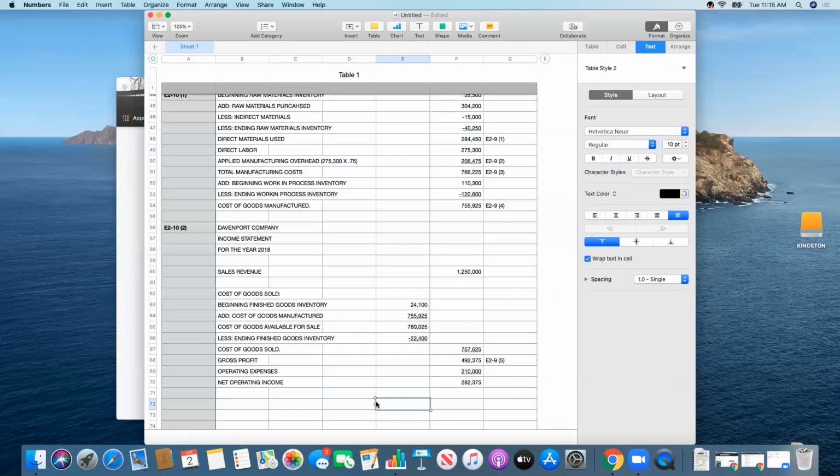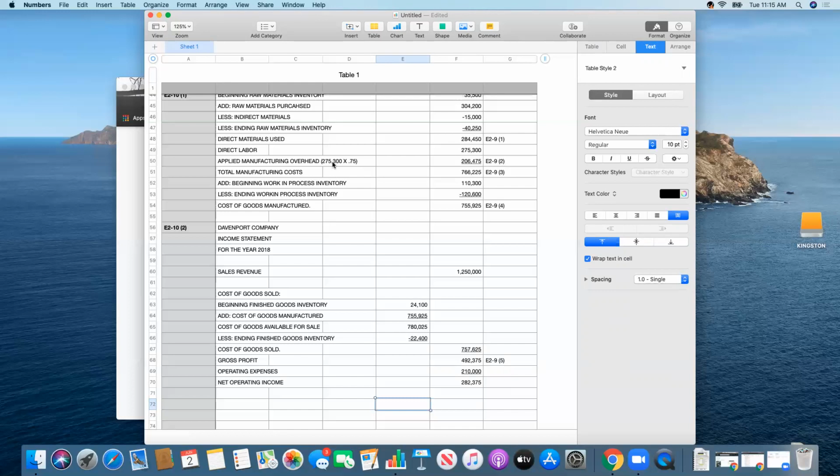And just to give you a little intro to 4, what 4 does, we refine the overhead rate. So remember, we applied an overhead rate here on the basis of direct labor. We said in this case that overhead should approximately be 75% of whatever direct labor cost is, right?